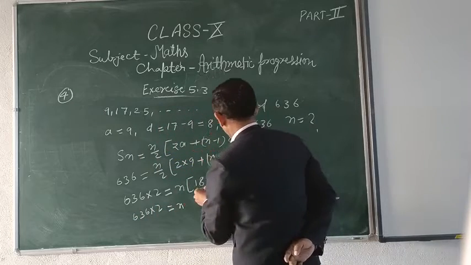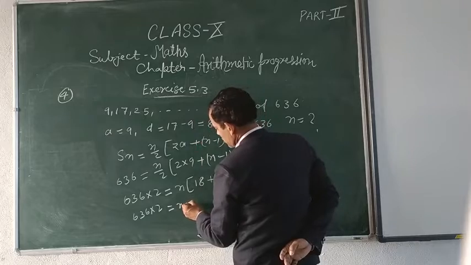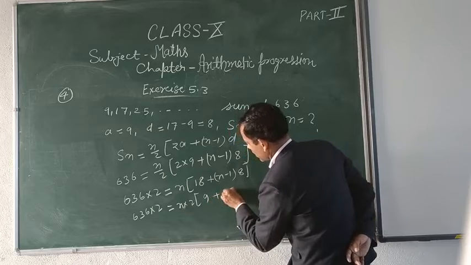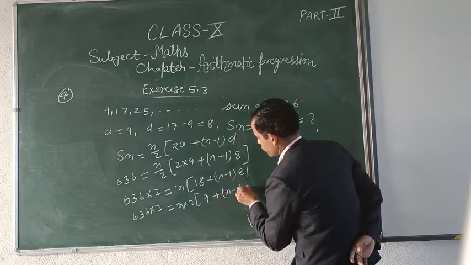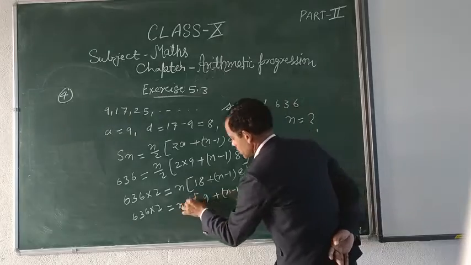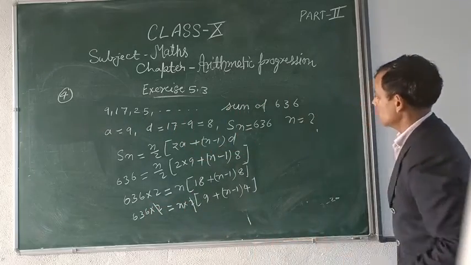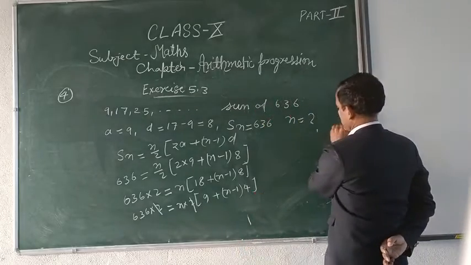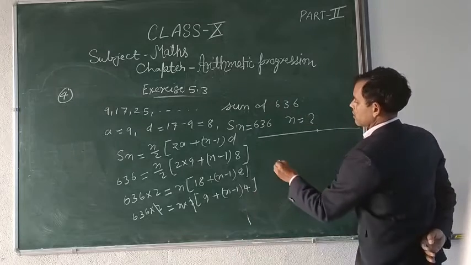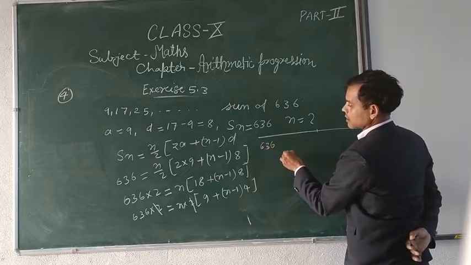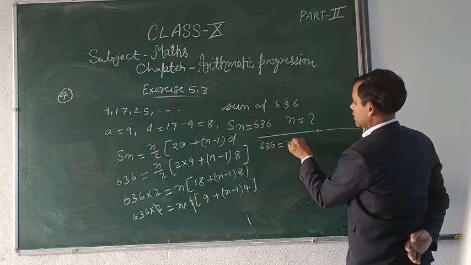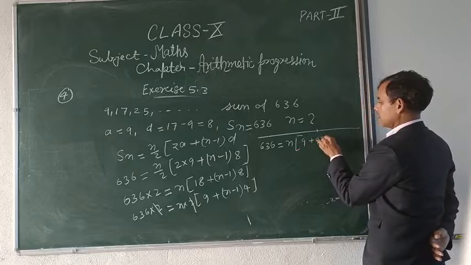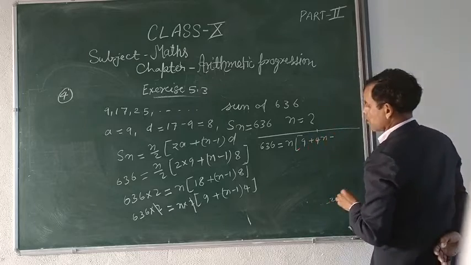If we take 2 as common, then it will be 9 plus n minus 1 into 4, so this 2 will cancel. Then 636 equal to n in bracket 9 plus 4n minus 4.